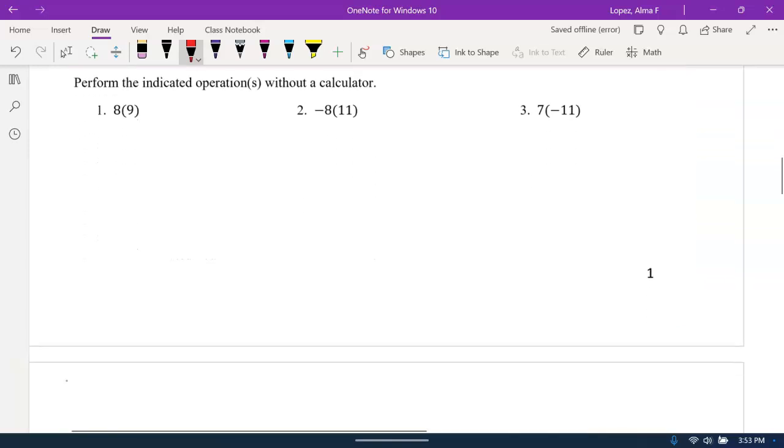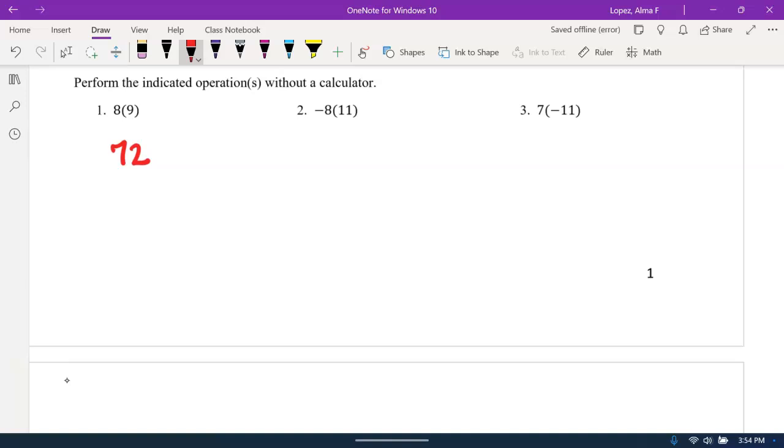Now, real quick, again, if you have two same signed numbers, we're going to get positive answers. If you have two different signs, we get negative answers. So let's try these. 8 times 9 is 72, and it's going to be positive because both numbers are positive.